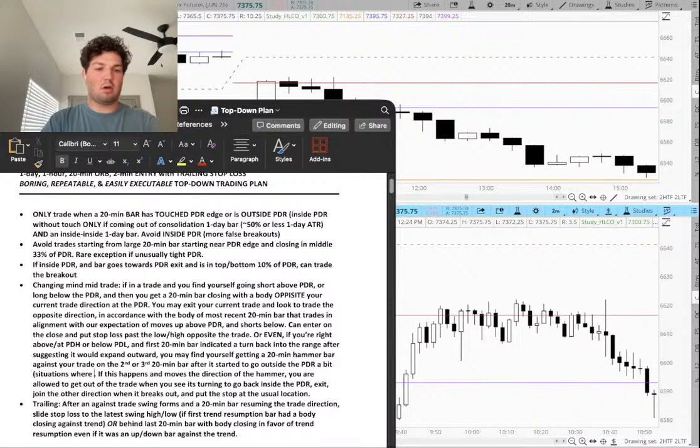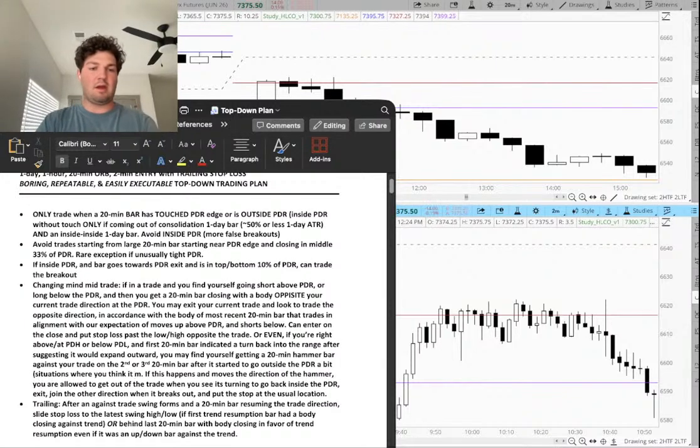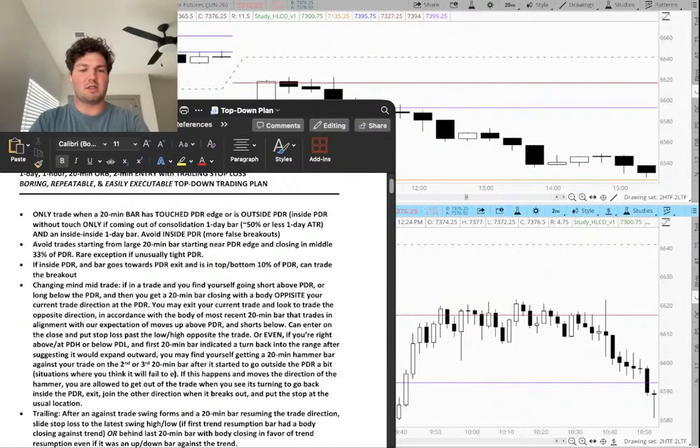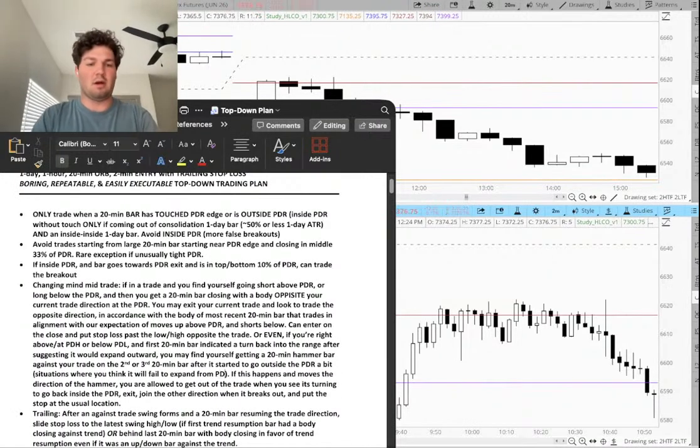Situations where you think it may be a failed breakout, where it will fail to expand from PDR.